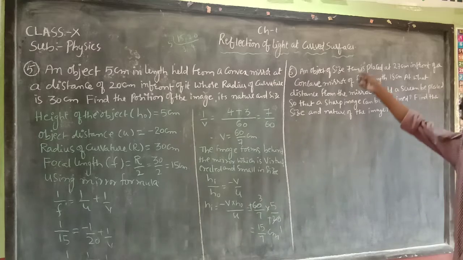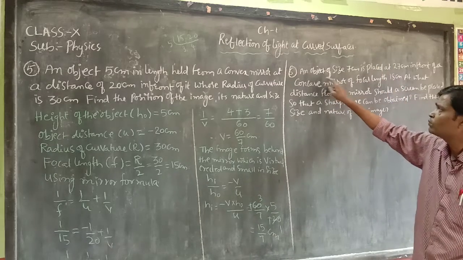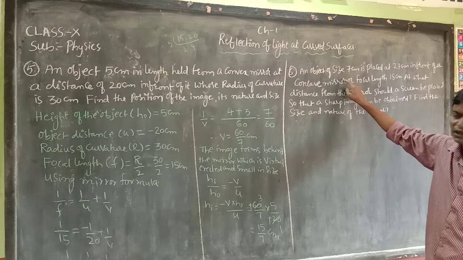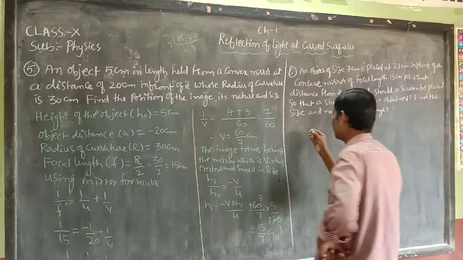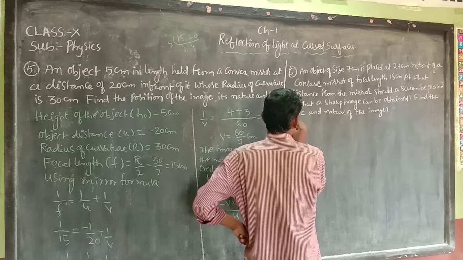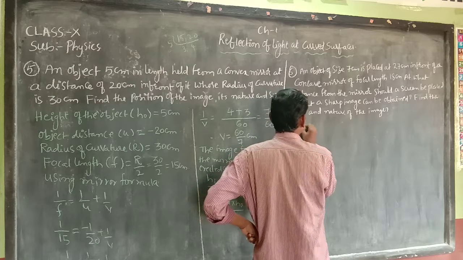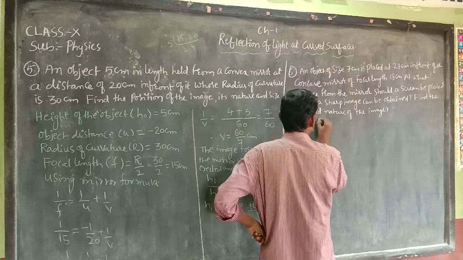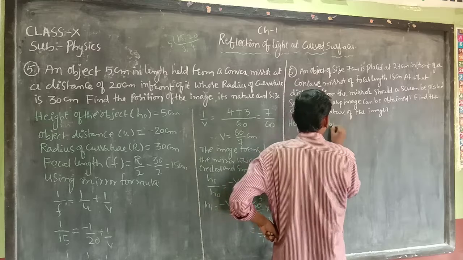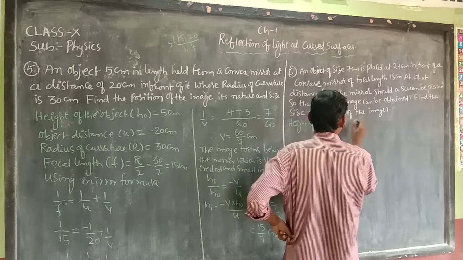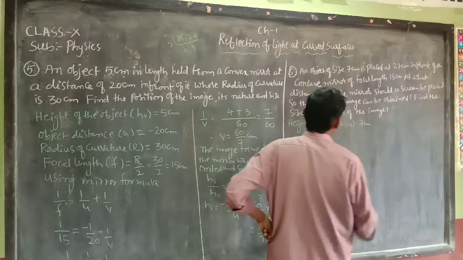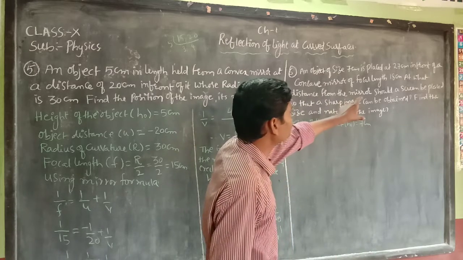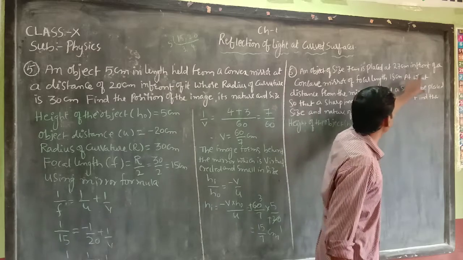here in the next problem, an object of size 7 centimeters. Again here also he has given the height of the object. Again we will take the height of the object HO is equal to 7 centimeters. It is placed at 27 centimeters in front of a concave mirror.